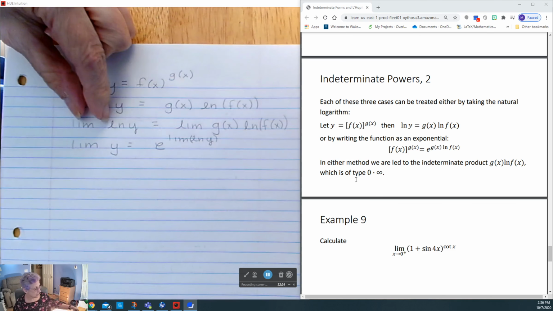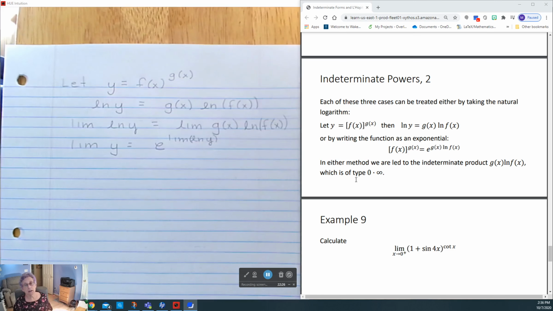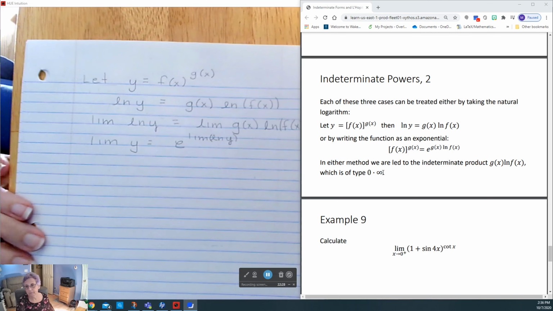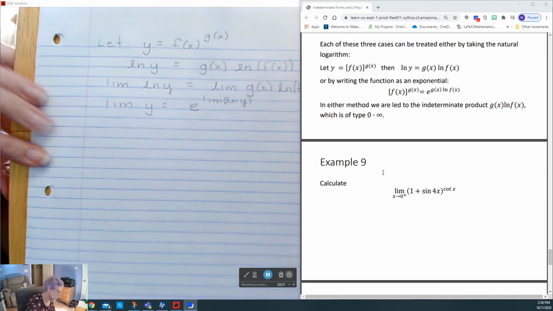So we'll do this limit, then we'll take e and raise it to that power. Let's look at an example. It'll make more sense.